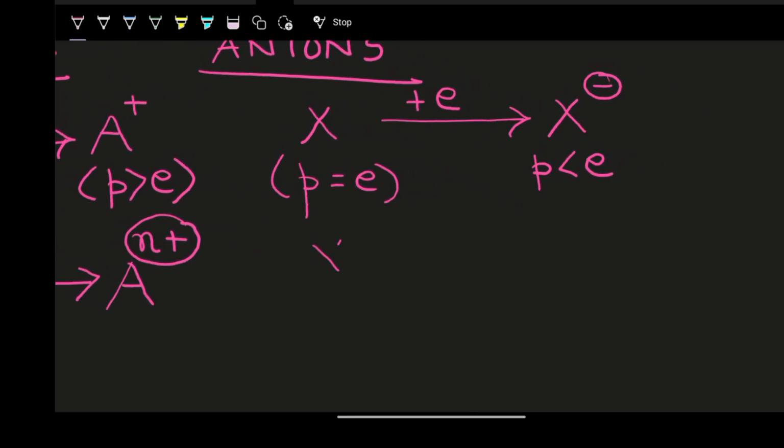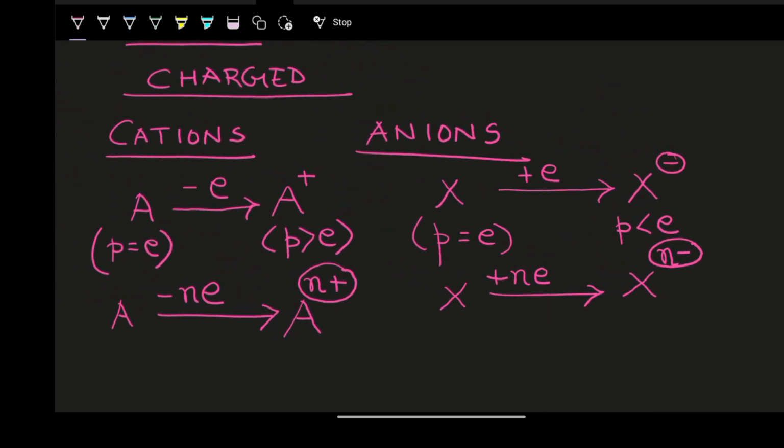If n number of electrons are gained, where n is greater than 1, then it will form X to the power n minus. As many electrons are gained, that many negative charges are obtained, and so this is the anion. This is how cations and anions are obtained.